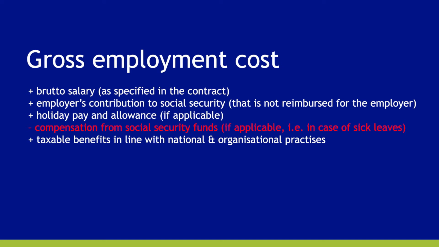These need to be specified in the employment documents and be in line with the legislation and standard practices in the country and/or organization. Please remember, organization standard practices refer to all staff of the organization, and no special rules can be made for project employees when it comes to salaries.